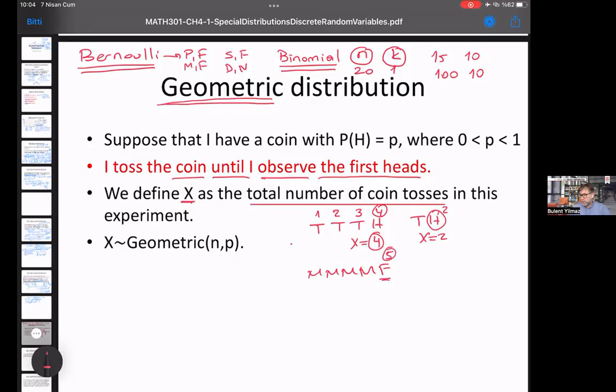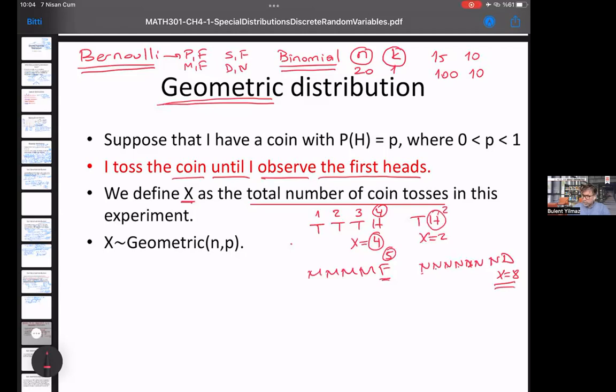Normal, normal, normal, normal, normal, normal, normal, and a diseased person. So I'm trying to find out when the diseased person is detected. 1, 2, 3, 4, 5, 6, 7, 8. So X is 8 here.